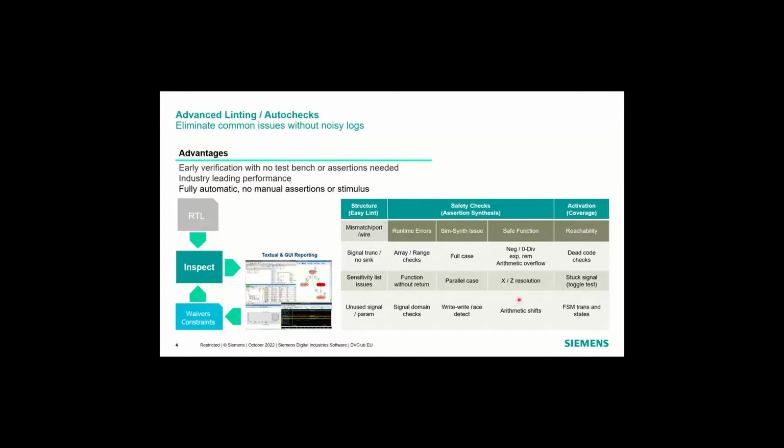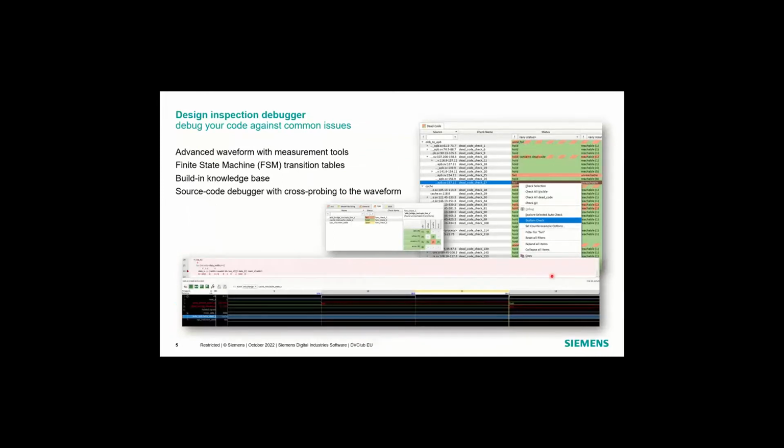And for FSM, you're looking at whether all of the states are reachable and all of the transitions of those states are reachable. The auto checks give you this ability to run all of these good checks. You also have the ability to debug these issues in a waveform viewer, much the same as you would do in a simulation environment.